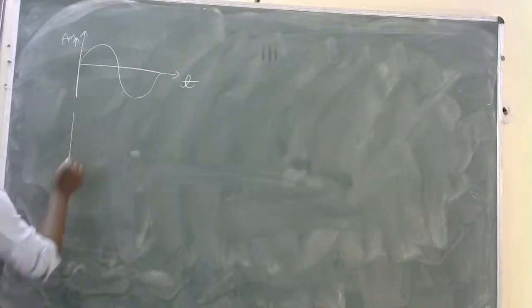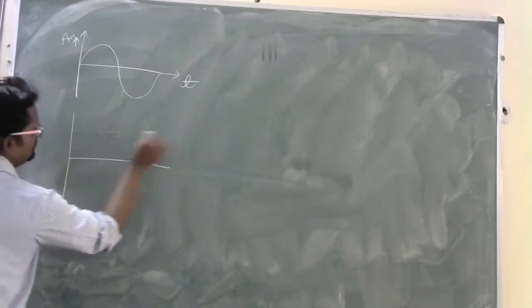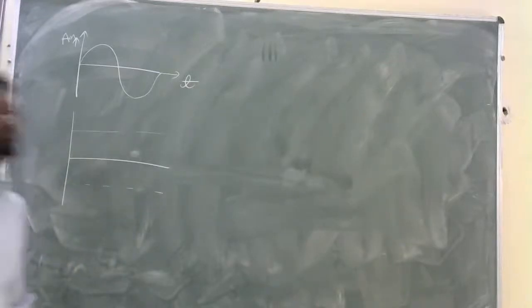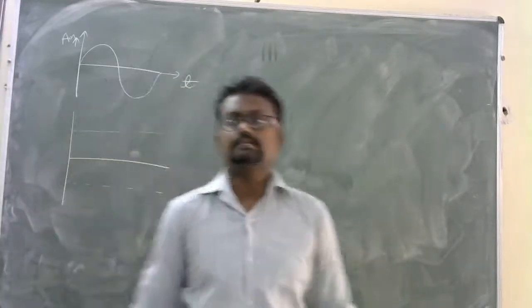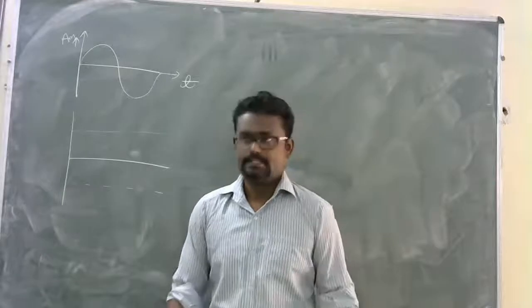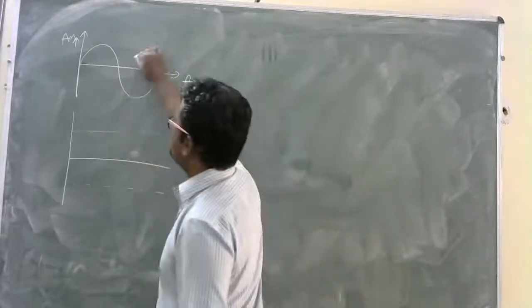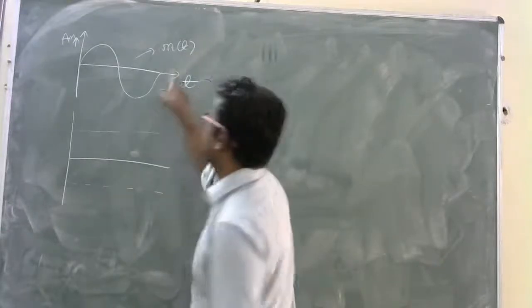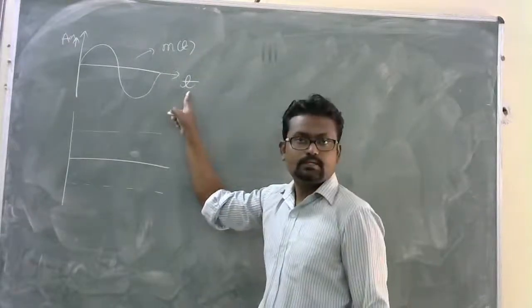Now, this one is the carrier signal. Whose frequency is higher? The frequency of the message signal or the frequency of the carrier signal? This one is the message signal, represented as m(t), because I am representing the message signal in the time domain.